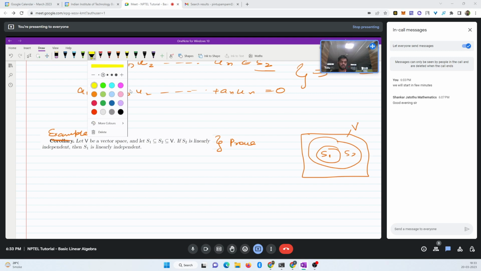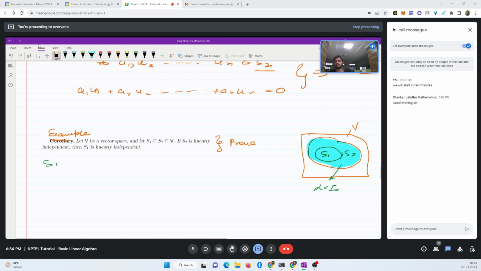and we are given this S1, oh no, right now we are given the converse. So we are given that this set S2 is linearly independent. We have to prove that S1 is linearly independent. Okay, let's begin that.